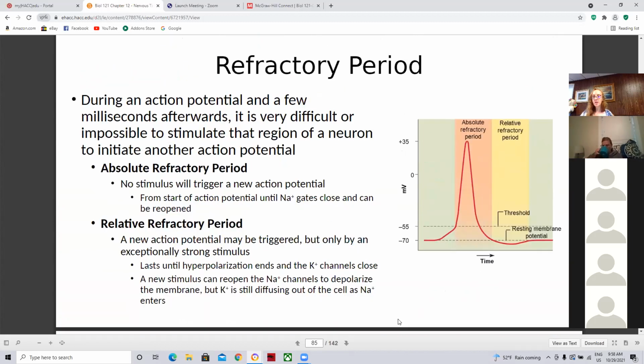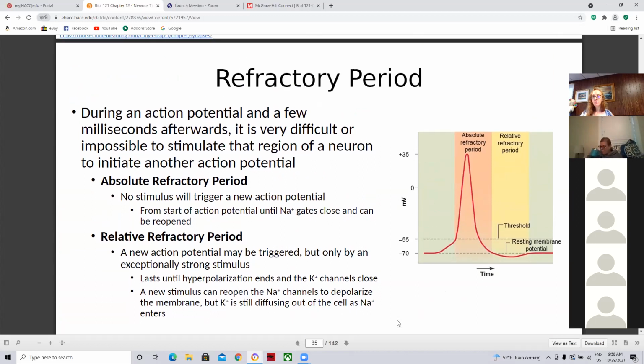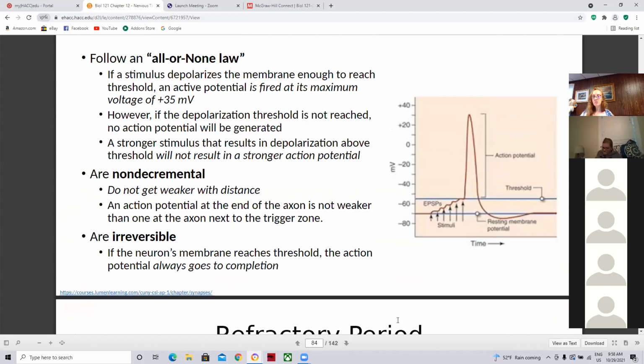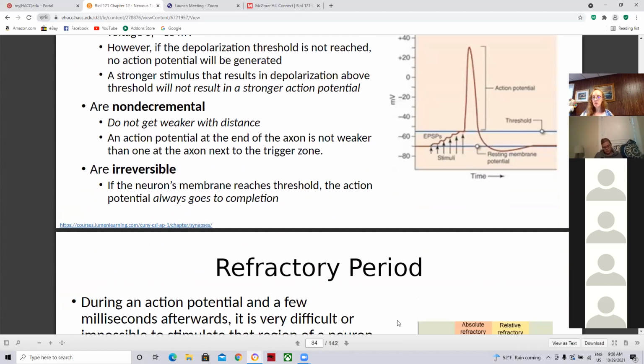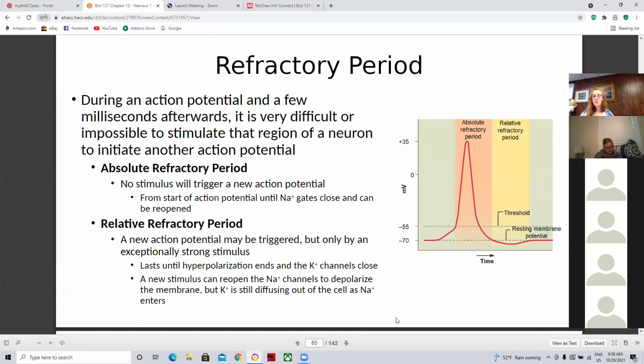With this in mind, remember, action potentials are all or nothing, they're self-propagating, and they only move in one direction. They're self-propagating, but they only move in one direction because we have refractory periods.